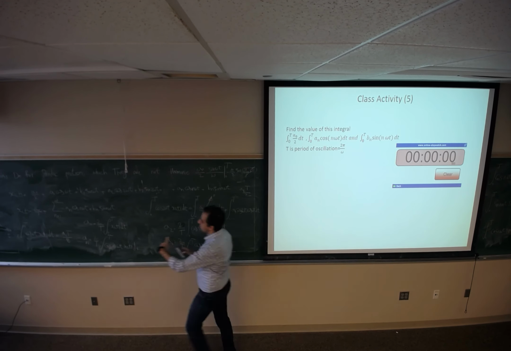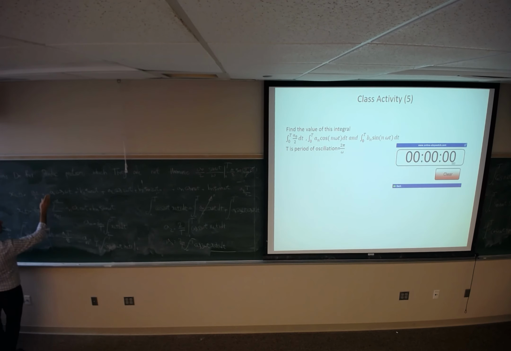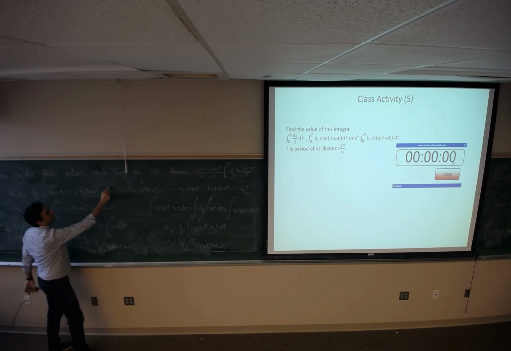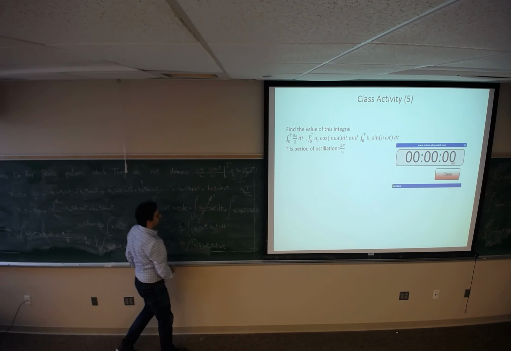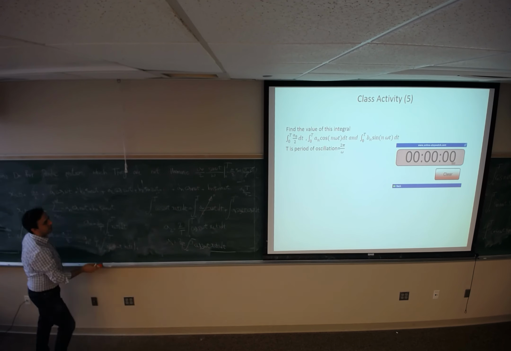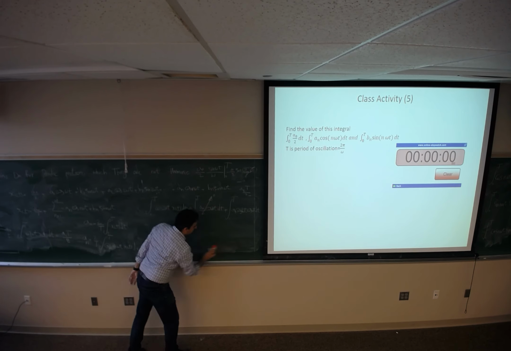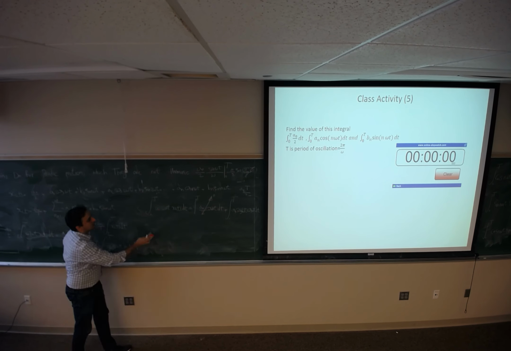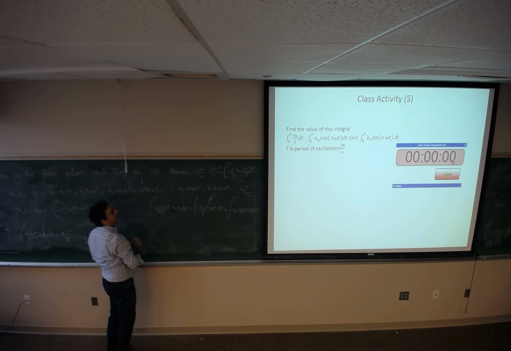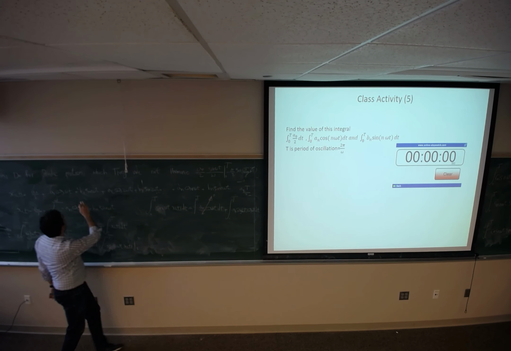Now I'm gonna find the B terms. I'm done with A naught. I'm done with A terms. I need to find B terms. So for this I'm gonna multiply by sine of omega T. I'm looking for B1.